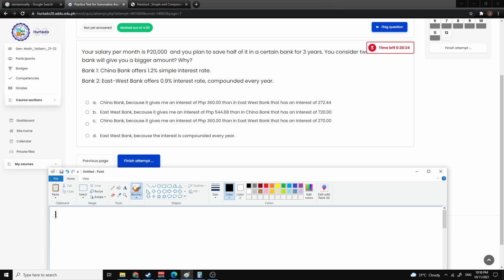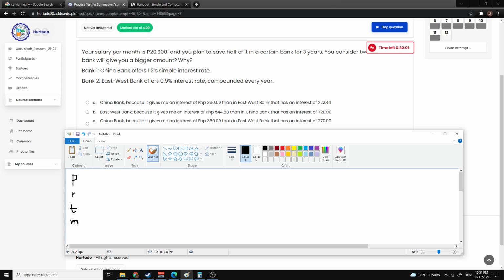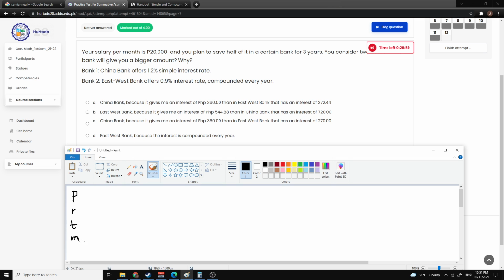So let's just set up our variables early so that we don't have to go back and reset. So P, the principal value, our rate of interest, time, the amount of times compounded per year, and then there's also the future value as well.